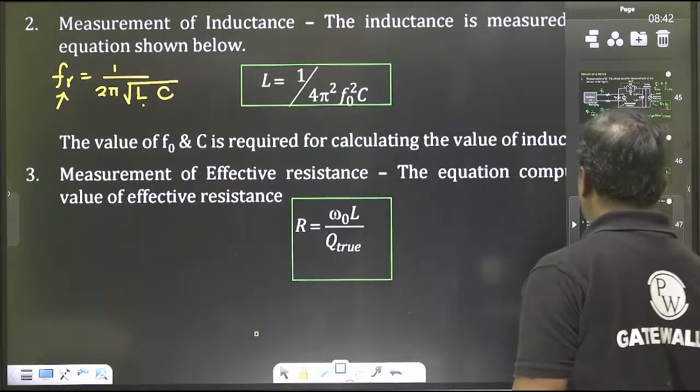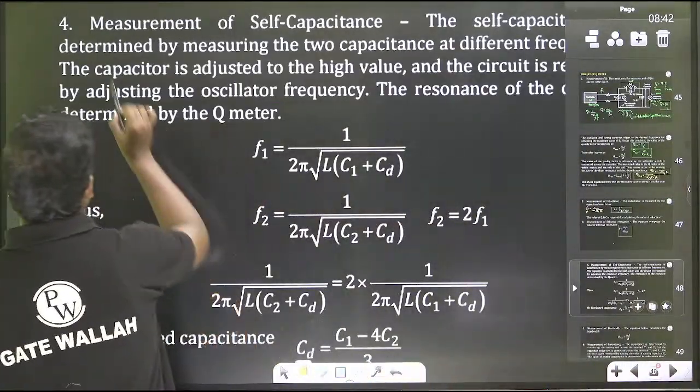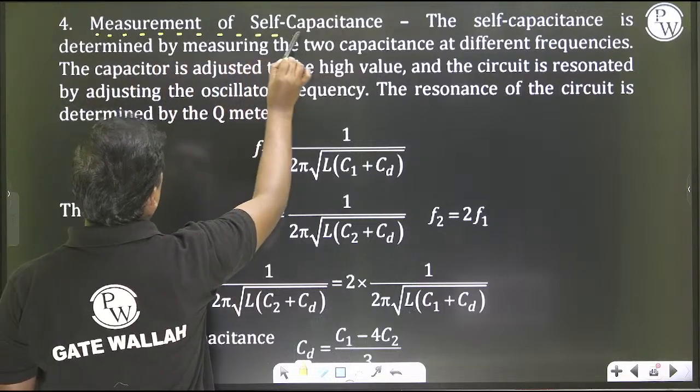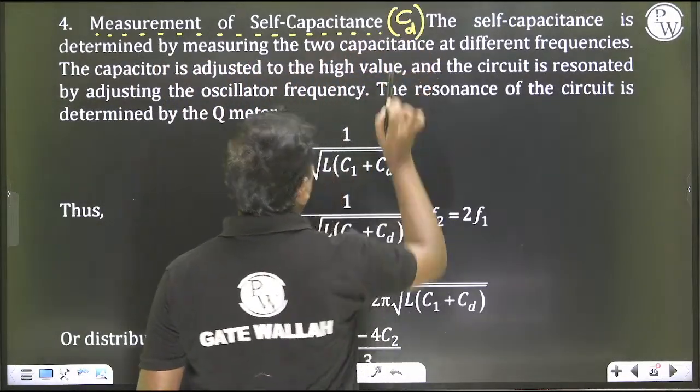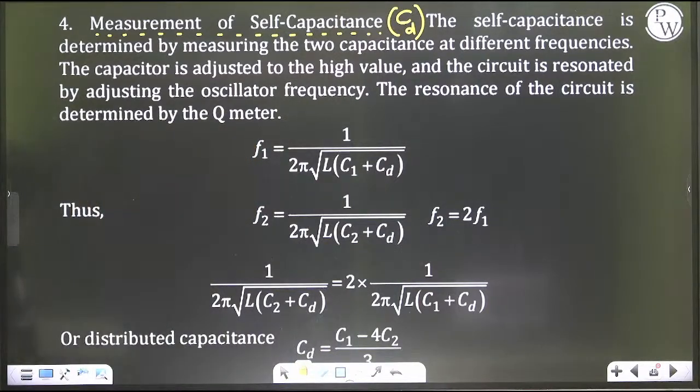Next, measurement of self capacitance. This is most important. The self capacitance we also call distributed capacitance.